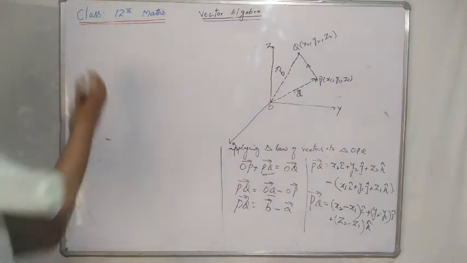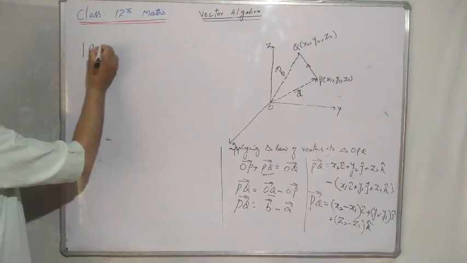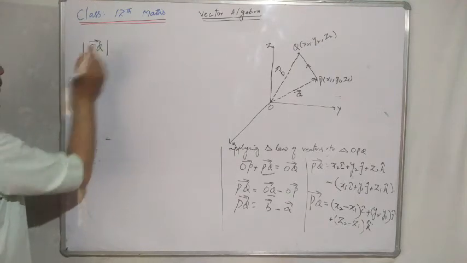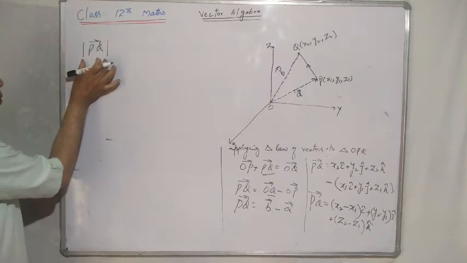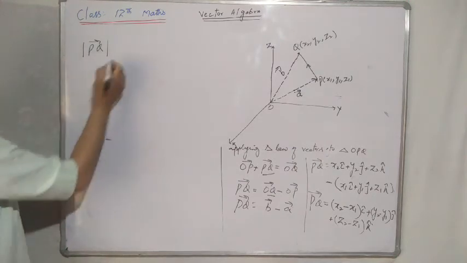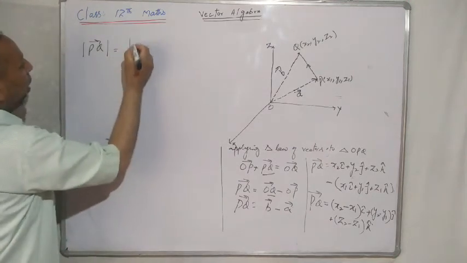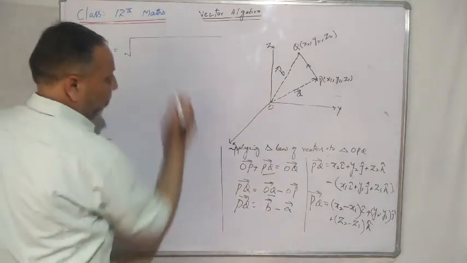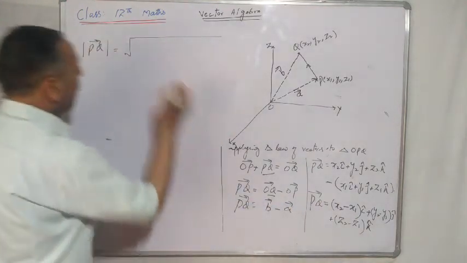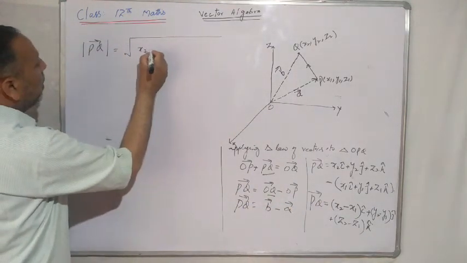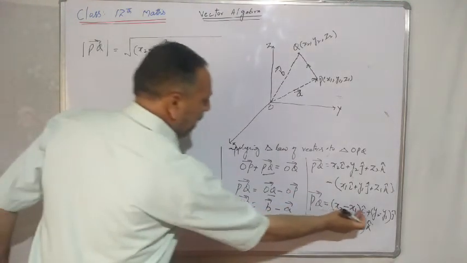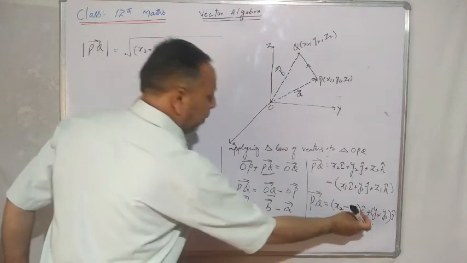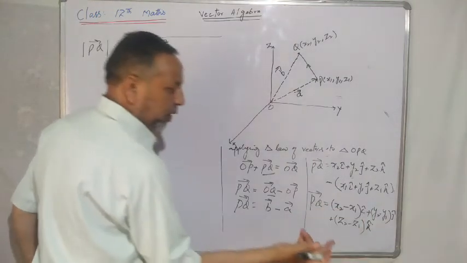Now the magnitude of vector PQ. When we put a vector under modulus, it becomes the magnitude. It is known as the magnitude of vector PQ. It will be equal to under root of x2 minus x1 whole square, because i cap square is 1, since i cap is a unit vector.